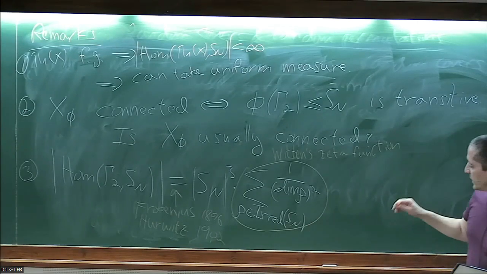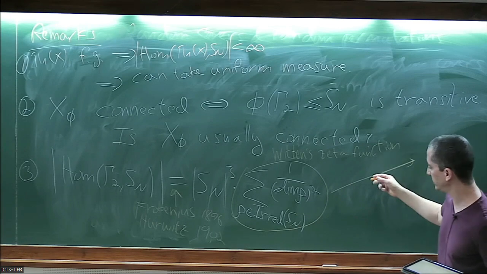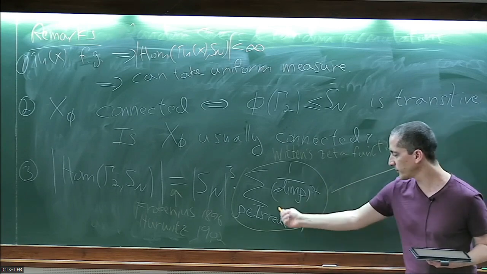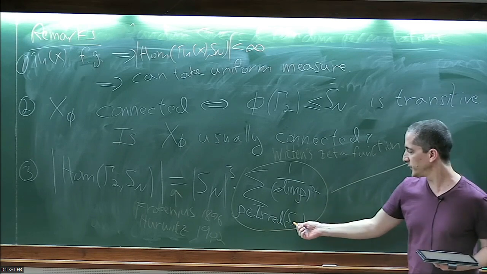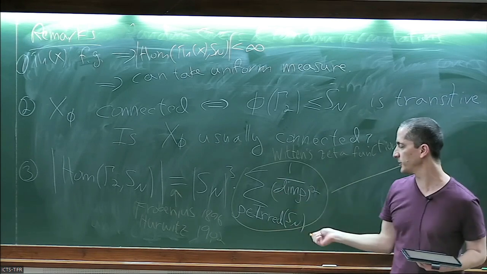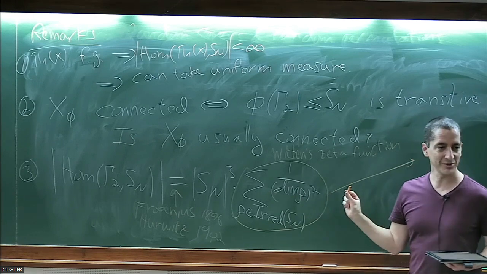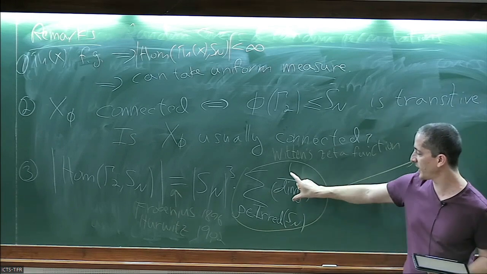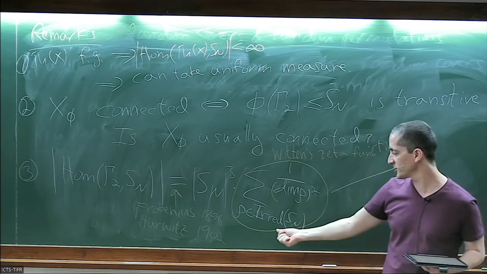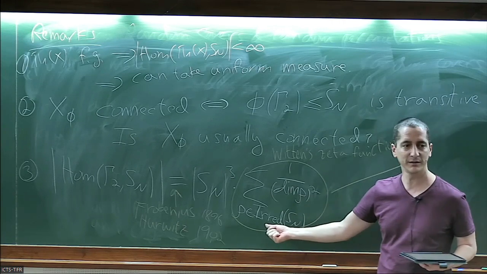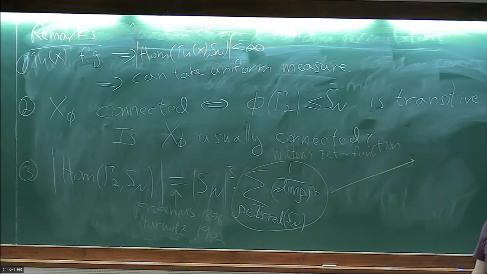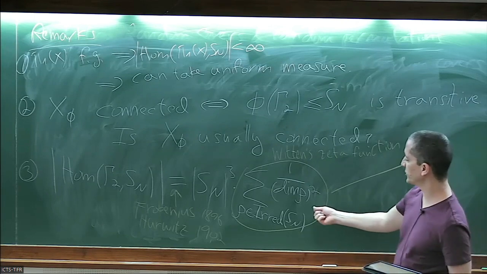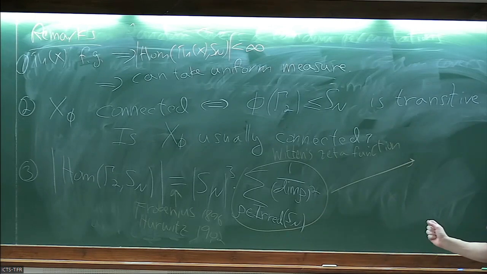For those of you who know some representation theory of Sn, and again we will discuss it in more detail tomorrow, you see that the main contribution comes from small representations, right? Representations of small dimension give you the highest contribution. What are the representations of smallest dimension of Sn? There is the trivial representation, which is one-dimensional, and the sign, which is also one-dimensional.